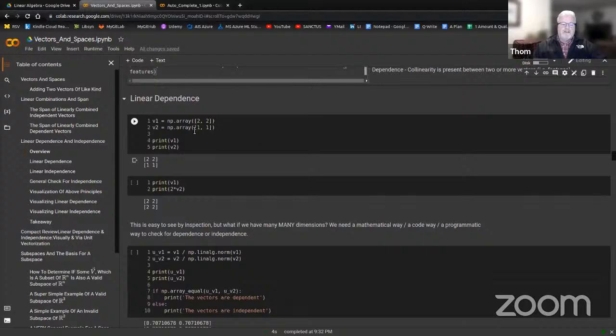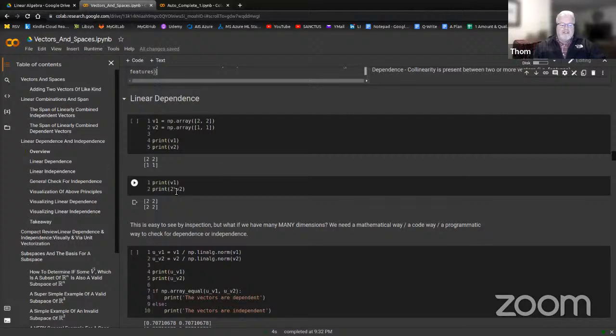But these are stupid simple examples of dependent vectors. I've got 2 here and 1. And we saw that, well, wait a minute, all I have to do is multiply vector 2 by 2, and now they're exactly equal. Or I could have, in the same way, divided vector 1 by 2 and had 1, 1, and 1, 1.